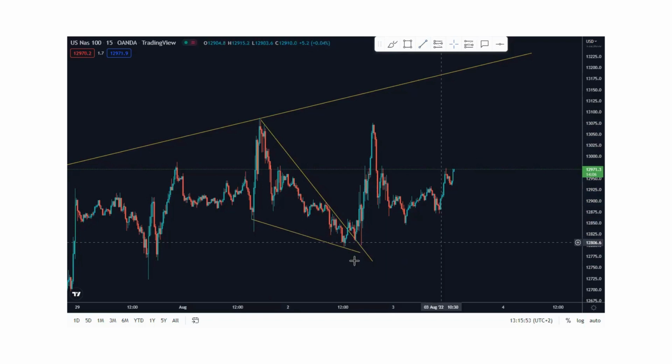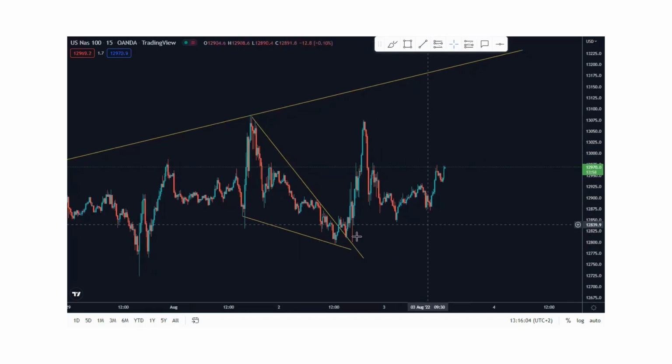My first entry was going to be here because I was waiting for a third touch. Then I know we're going upwards, but because it didn't do so, what I normally do is wait for it to break and come for a retest. Then that's when I took my profits. My take profit was somewhere here.